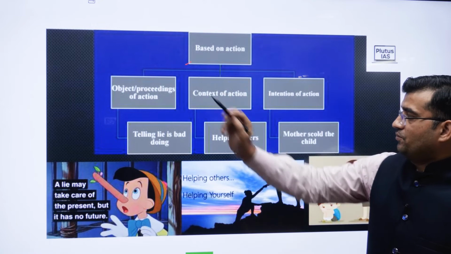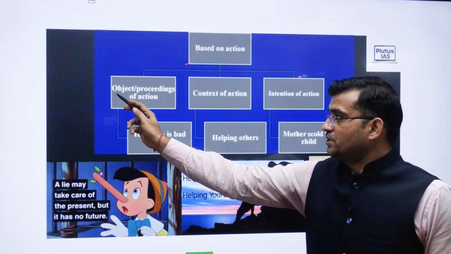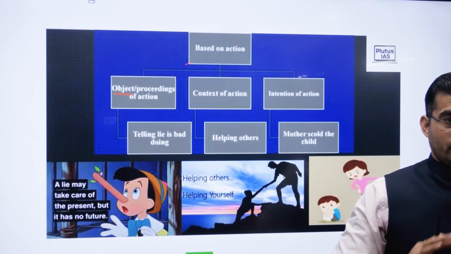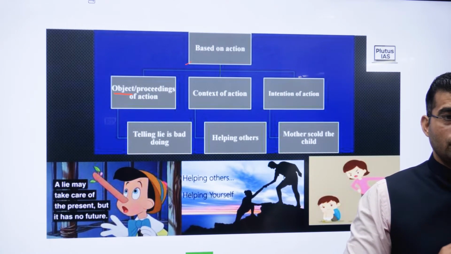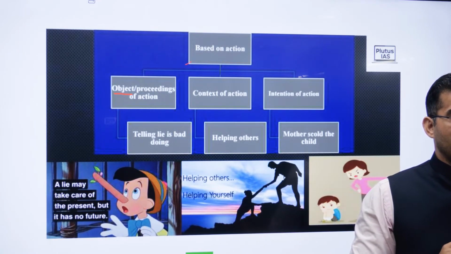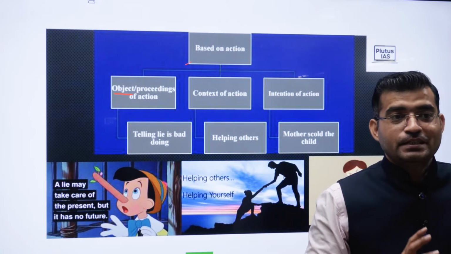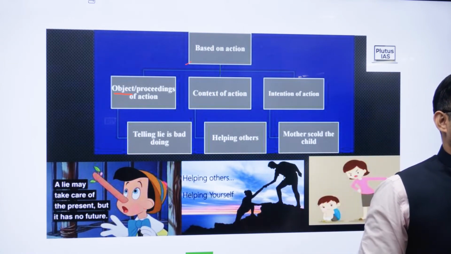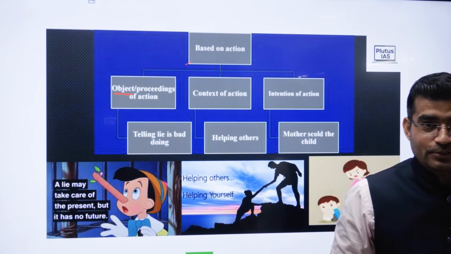And on the basis of action, we can make three heads. The first is object or instrument, what we are using during our course of action. Suppose we want to fight a battle, then we have different kinds of weapons. The first one is sword or spear. Earlier it was used.